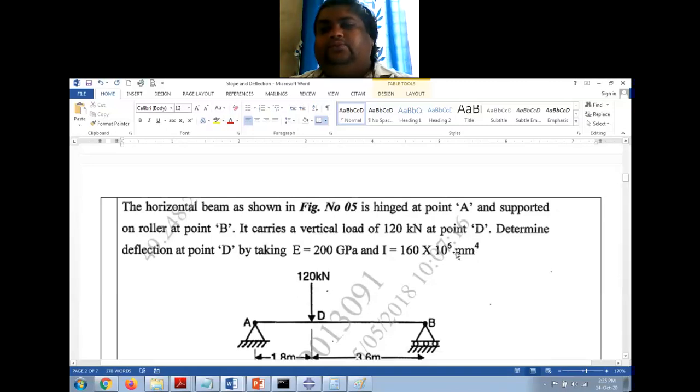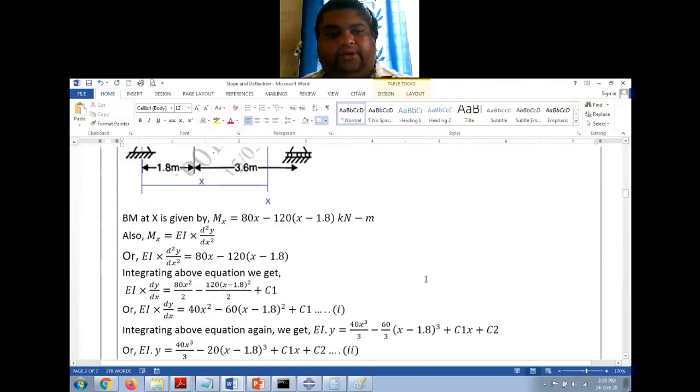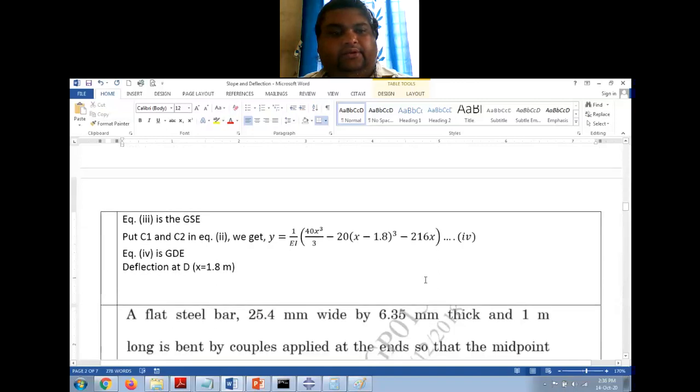So you have to multiply this with 10 raised to minus 12. So when you multiply with 10 raised to minus 12, it will become 160 into 10 raised to minus 6. Here it is 200 into 10 raised to 6. 10 raised to 6 and 10 raised to minus 6 get cancelled. So it is just 200 into 160 kilonewton meter square. That will be your EI. Did you get that? Right?